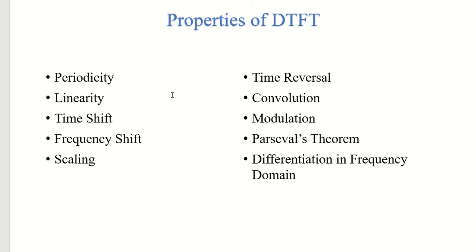We are already aware of the energy we are having. So E will be equal to the summation n equals minus infinity to infinity of |x of n| whole square, and this |x of n| whole square is also required to be the multiplication of x of n and the conjugate of x of n, right?